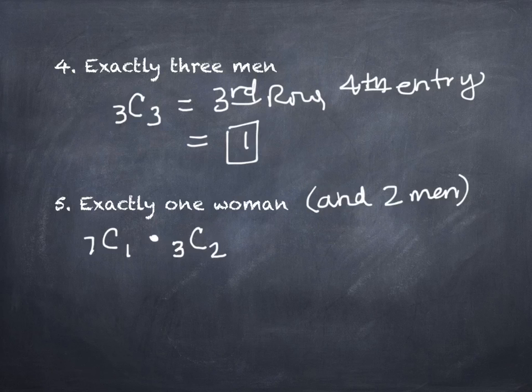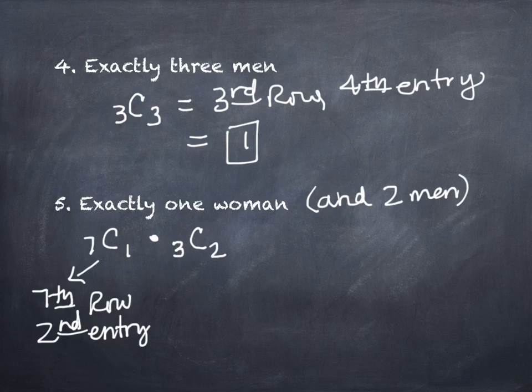All right, so we're going to write down each of these one at a time. 7C1 is what? How in that triangle am I going to find that? 7th row, second entry. How about 3C2? 3rd row, 3rd entry.